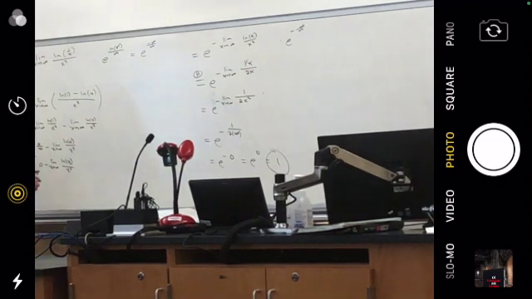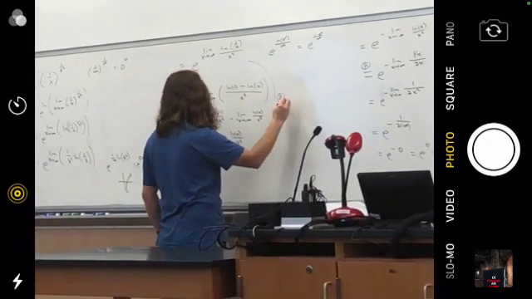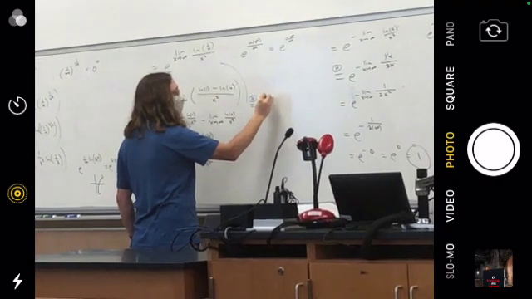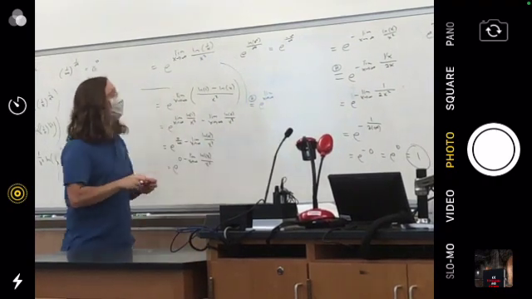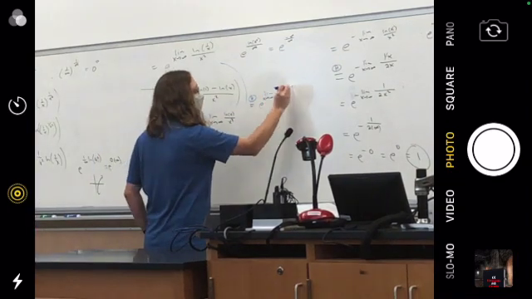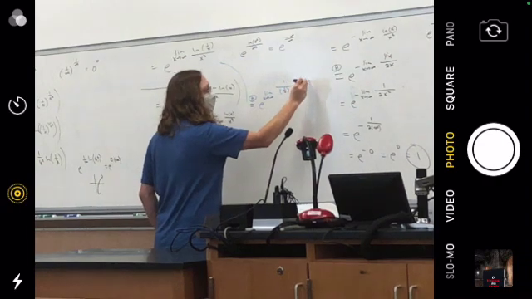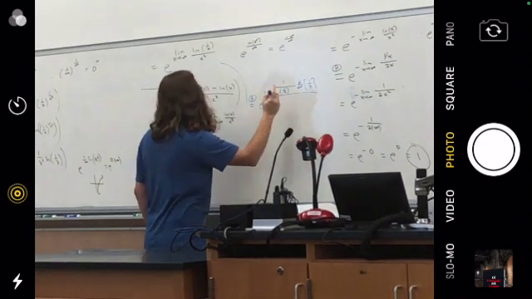If I didn't want to rewrite this, I could have just taken the derivative directly. So it's been L'Hopital's rule. Now I need the derivative of natural log 1 over x. That's 1 over x times the derivative of 1 over x, all divided by 2x.